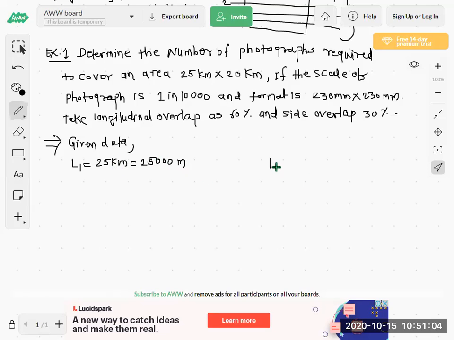Are you getting? So if we multiply this 1000 into this 25, we will get meter.